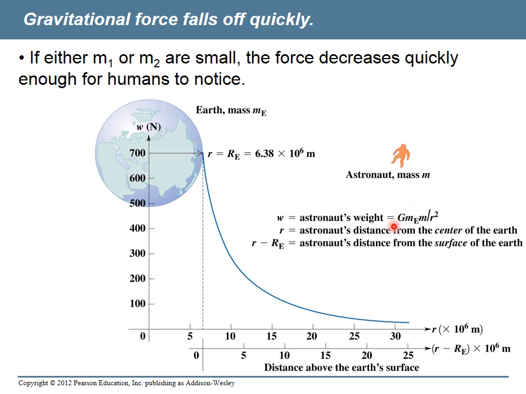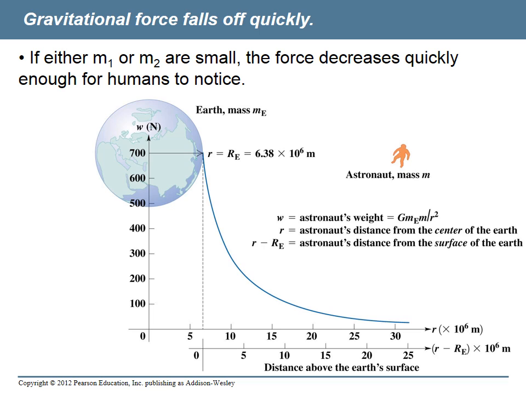You see the equation for the force of gravity: the gravitational constant times the mass of Earth, if we're on Earth, times the mass of the astronaut, divided by the distance between them squared. And this is the distance from center to center. We just assume we're going from the middle of one to the middle of the other.